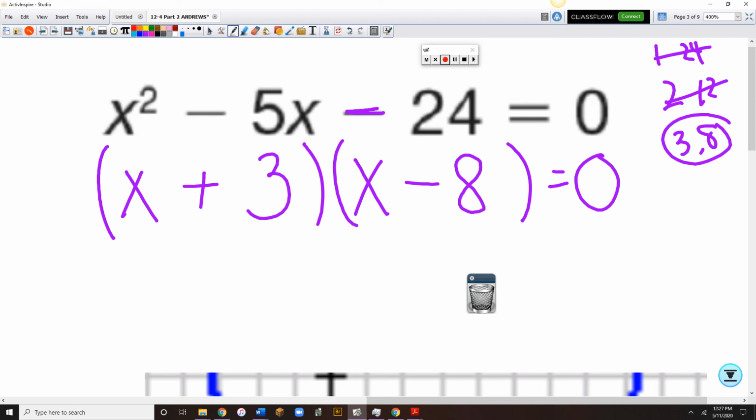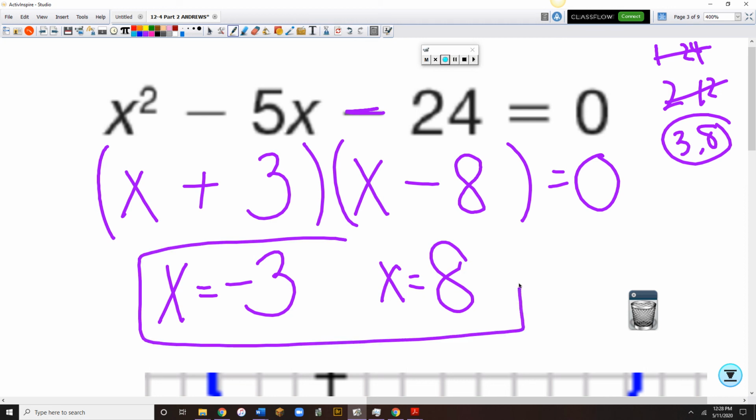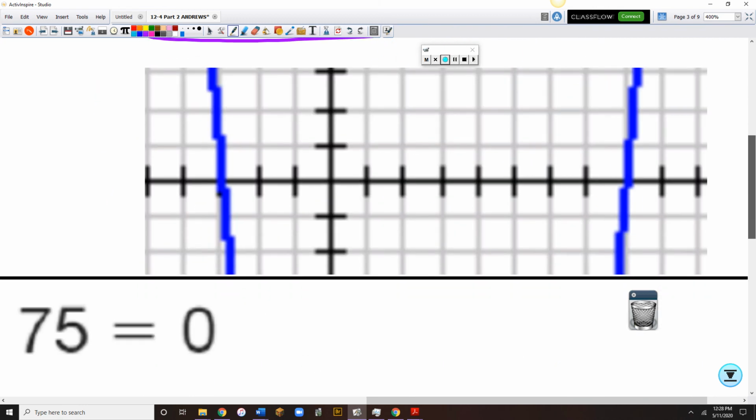So for solutions, I need to know what value of x will zero out a plus 3. Well, a negative 3 zeroes out a plus 3. And a positive 8 will zero out a minus 8. So those are my two solutions. And again, you can see the solutions on the graph.